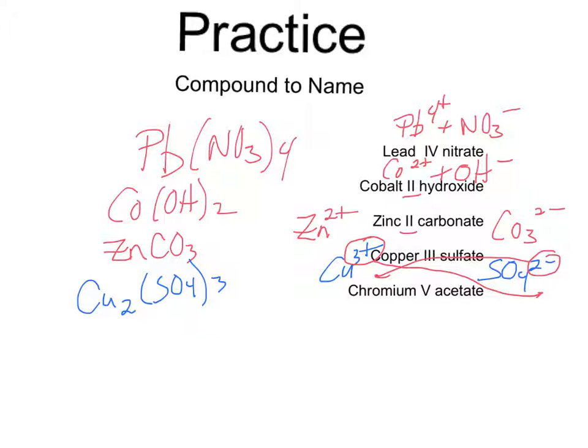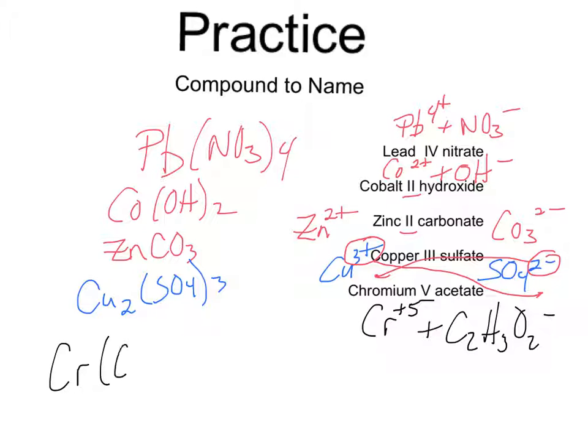And then the last one here, chromium, Cr, and it says it has a plus 5 charge. I'm going to add that to acetate, which has a negative 1 charge. So I'm going to need 5 of those. So I'm going to write chromium, and then I'm going to put in parentheses my polyatomic ion for acetate, which has my negative 1 charge, but I'm going to need 5 of them.